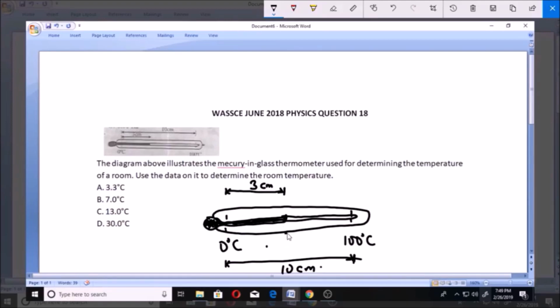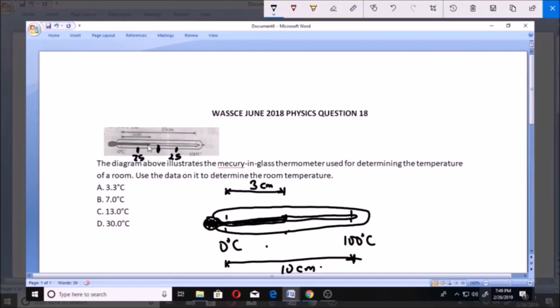So if you take half of here, then you're going to have 5 here and 5 here. That's half. Then if you take half of half, so that you can have 25 here, this is where you can have 25 degrees, which is the room temperature.